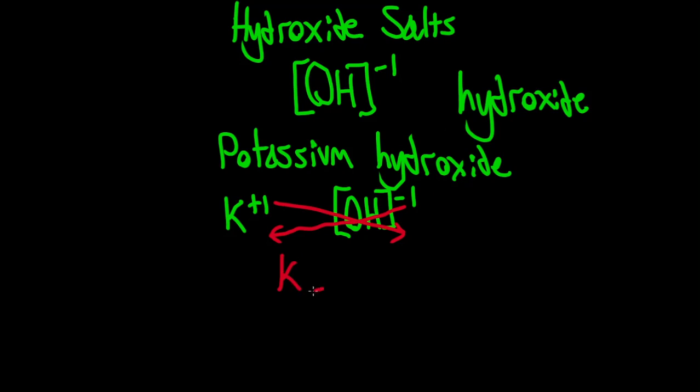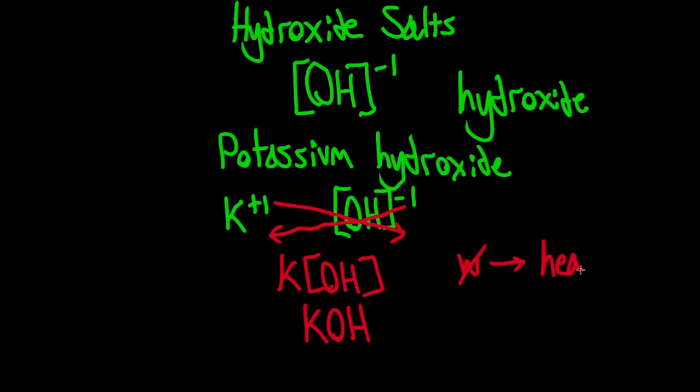So I'm going to end up with K, the OH in brackets, and I can ultimately just write this as KOH. Okay, so my hazards, luckily, are going to be the same as my oxides. So I'm going to get the production of heat and caustic solution for all of my hydroxides.